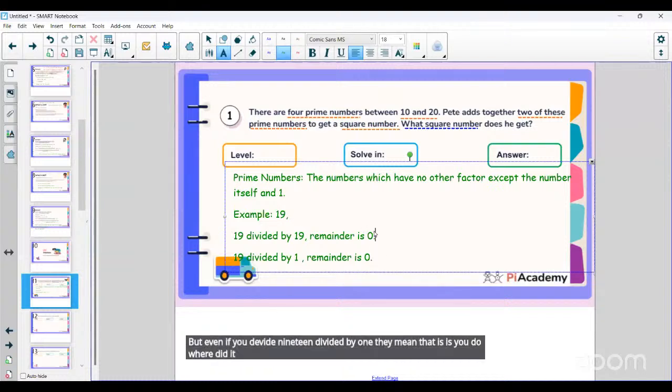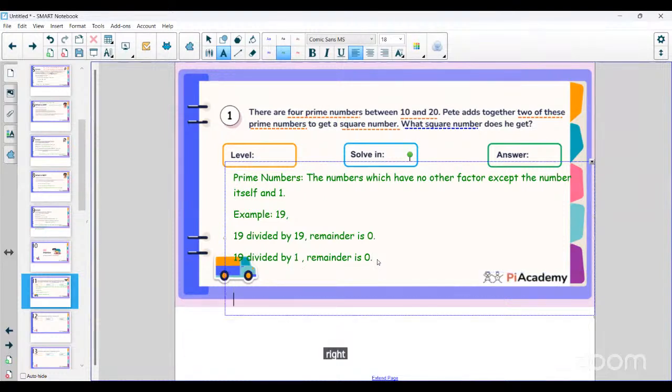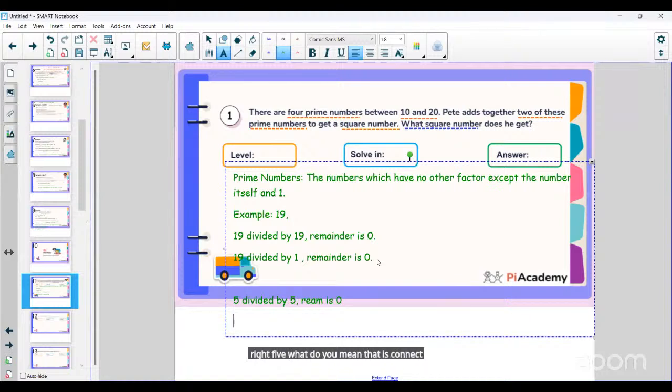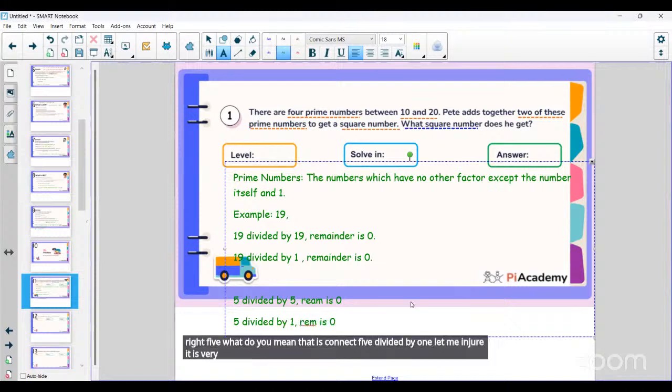But is there any other number apart from 19 and 1? No, right? Similarly, think about 5. 5 divided by 5, remainder is 0. 5 divided by 1, remainder is 0. Is there any other number apart from 5 and 1? No, right?